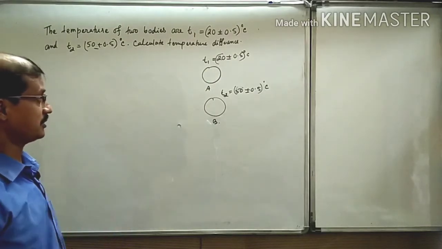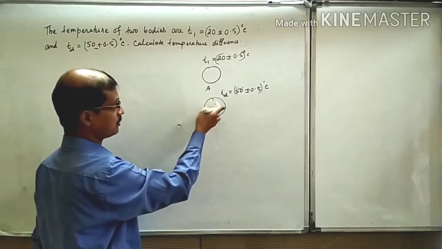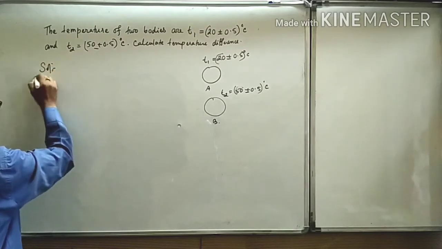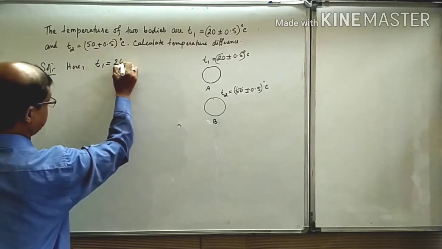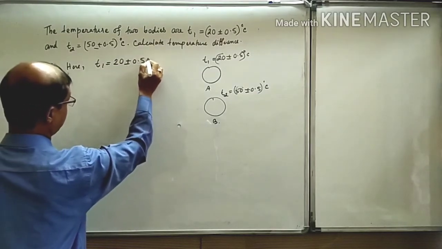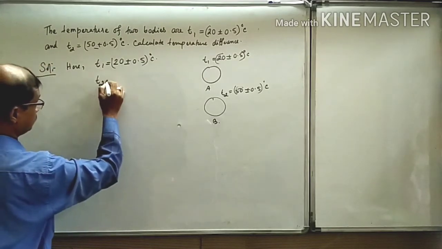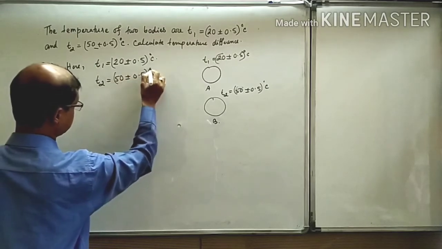To find the temperature difference, we have to subtract. Here T1 equals 20 plus minus 0.5 degree Celsius and T2 is 50 plus minus 0.5 degree Celsius.